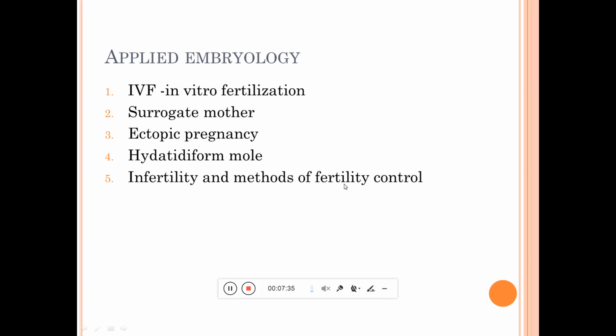Now, temporary methods in males: prevention of union between the sperms and ovum by barriers like the condom. In females, temporary methods or prevention of implantation include devices known as IUCD, intrauterine contraceptive devices.